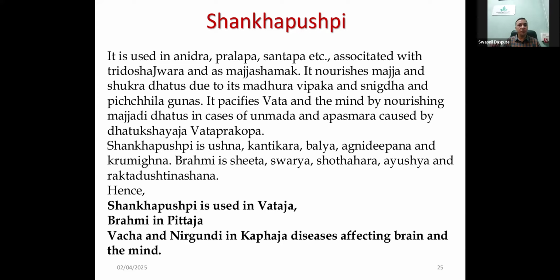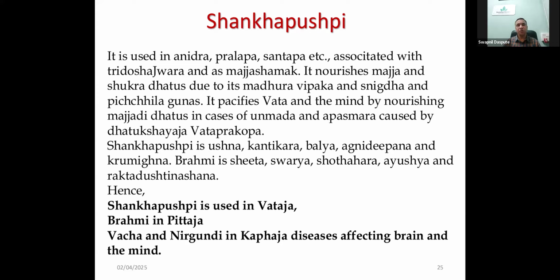Hence, Shankapushpi is used in Vataja type of conditions of psychology, Brahmi in Pittaja type of conditions, Vacha and Nirgundi in Kaphaja diseases affecting brain and the mind. Okay, where central nervous system, brain, and the mind are involved.